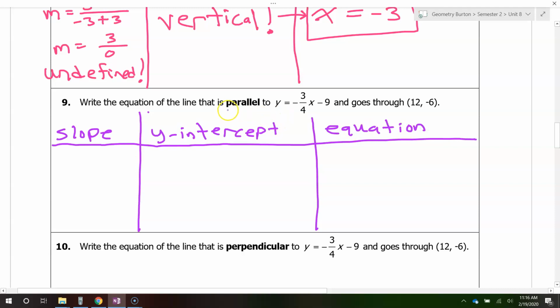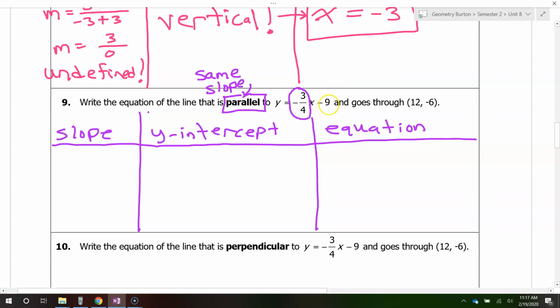All right, so this is new. We're given a parallel line. So the key thing to remember is that whenever they give you a parallel line, parallel lines have the same slope. Anytime you see parallel, I want you to think, oh, it's going to have the same slope. So this line, the slope is right here, -3/4.